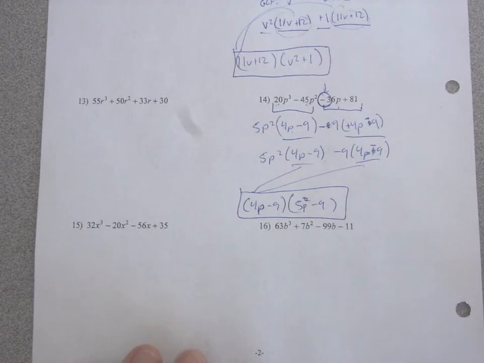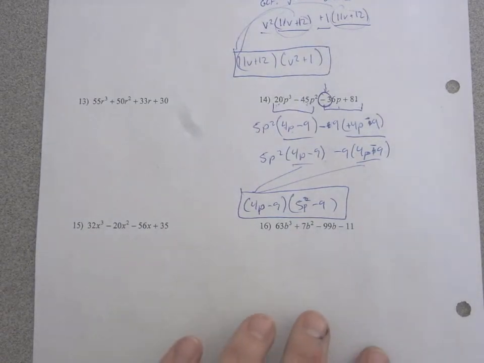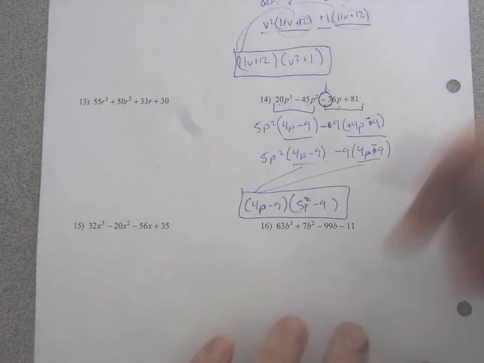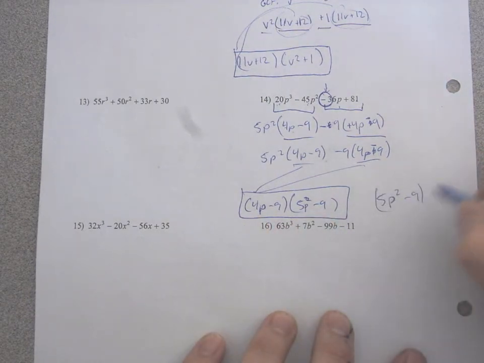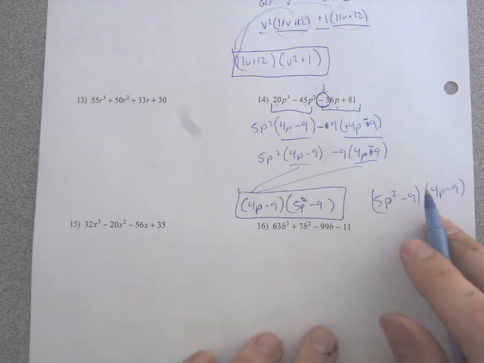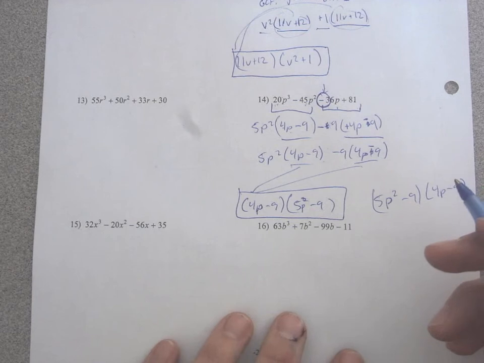Okay. Now, another thing to keep in mind is that your answer key may have these binomials written in a different order. For example, 5p squared minus 9 times 4p minus 9, that may be the answer in the answer key. Well, actually, you only have the odds.